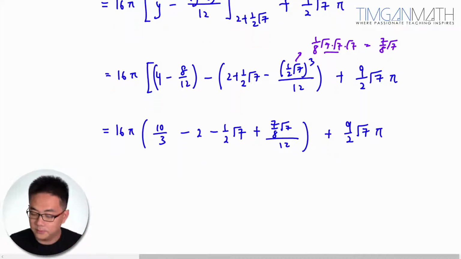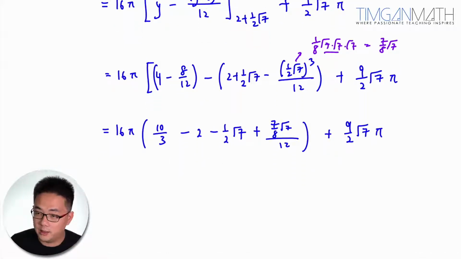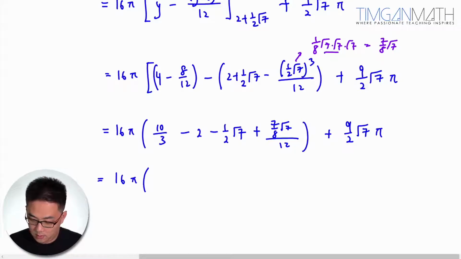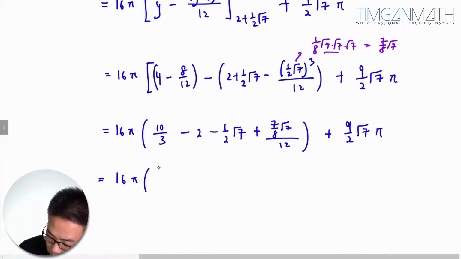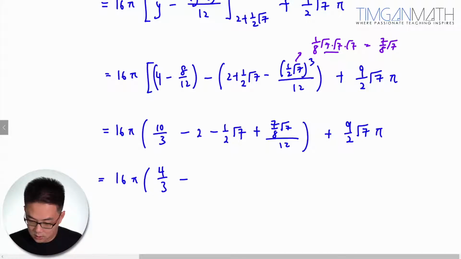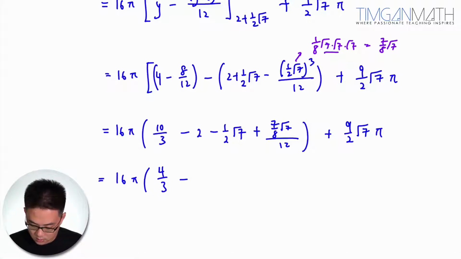So once we're done, we would actually get this as 16 pi times 10 over 3 minus 2, which is actually 4 over 3, minus 1 over 2 plus 7 over 8 times 12.